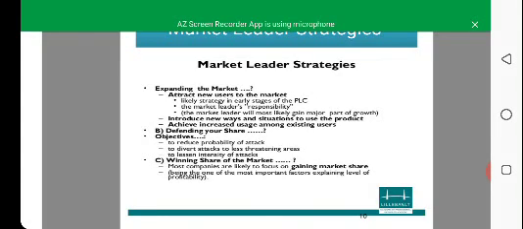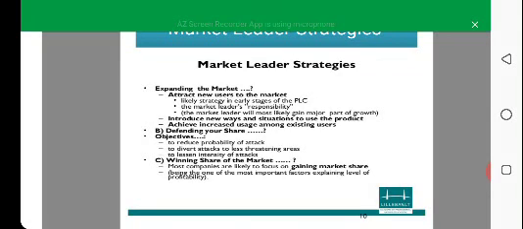Now we will discuss what market leaders do when they develop a marketing plan, and what strategy they adopt at the different stages of the product life cycle.